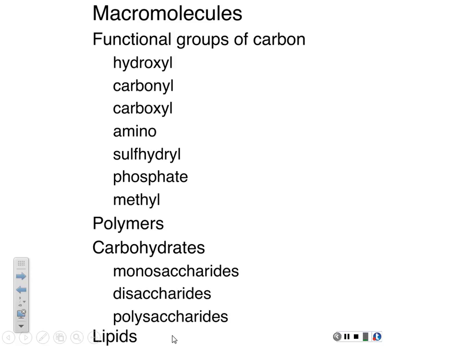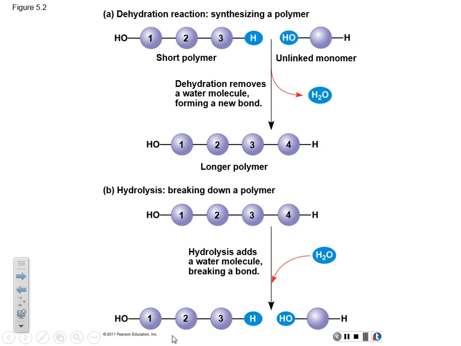So let's take a look at what's going on with this polymerization process. Again, the essence of what's going to happen here is you're going to take monomers and you're going to link them on to existing either monomers or short polymers to make longer polymers or dimers, depending on where you're at in the process.